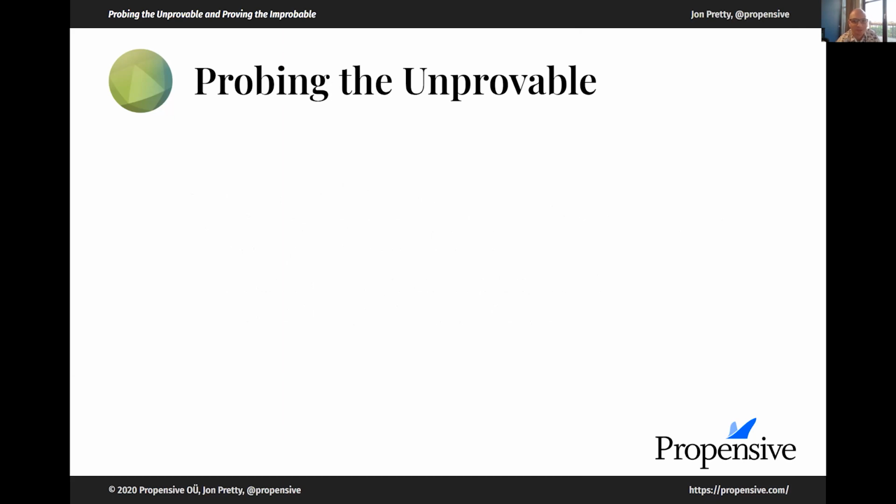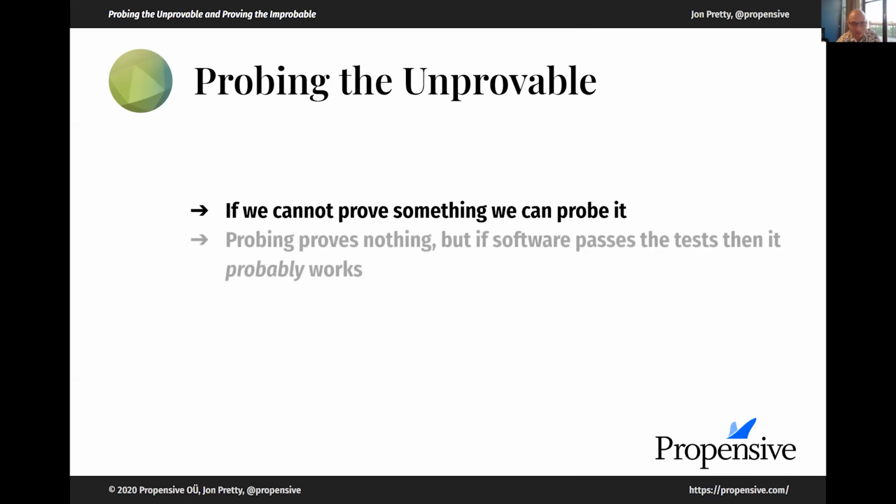Probing the unprovable. If we can't prove something, and we would prove it using the type system if we could, by virtue of the Curry-Howard isomorphism, then we should try to probe it, that is, to test it.